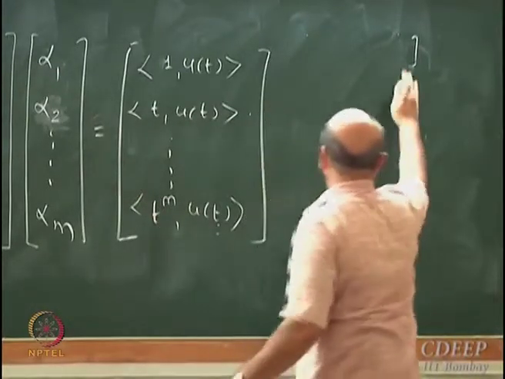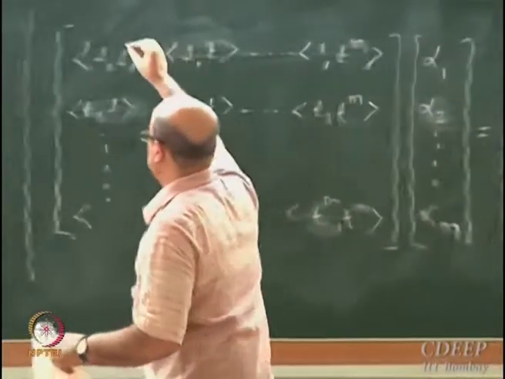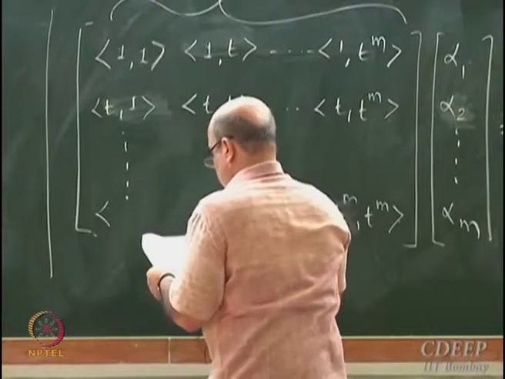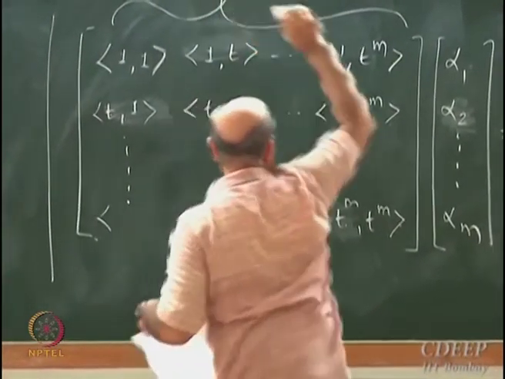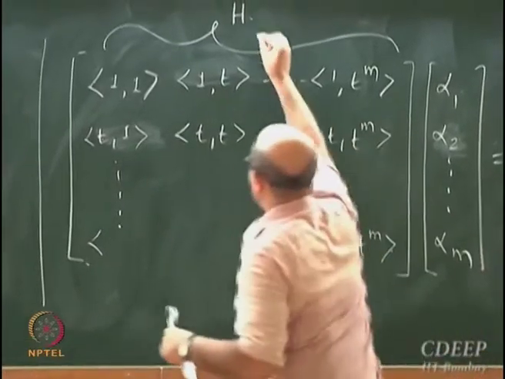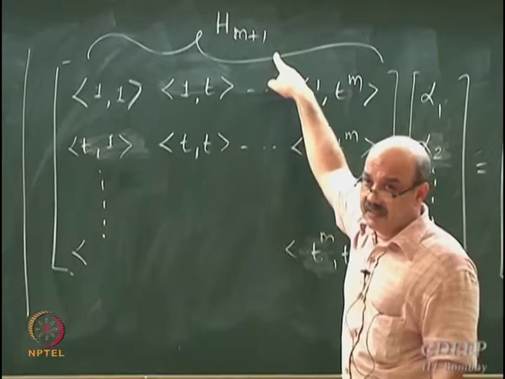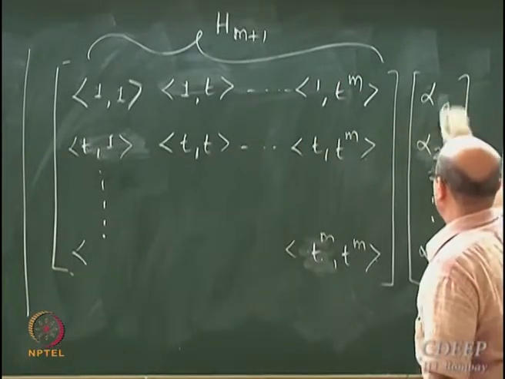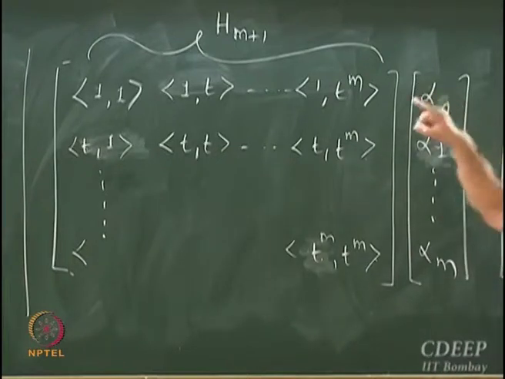So this matrix, in my notes I have called this the H matrix. This is an m plus 1 cross m plus 1 matrix. There are alpha 0, alpha 1, right? We start with alpha 0, alpha 1, alpha 2.